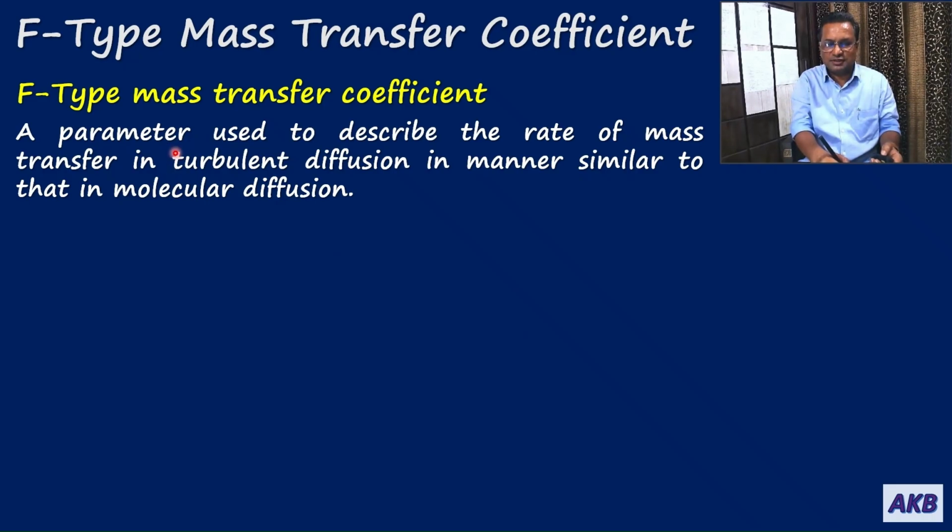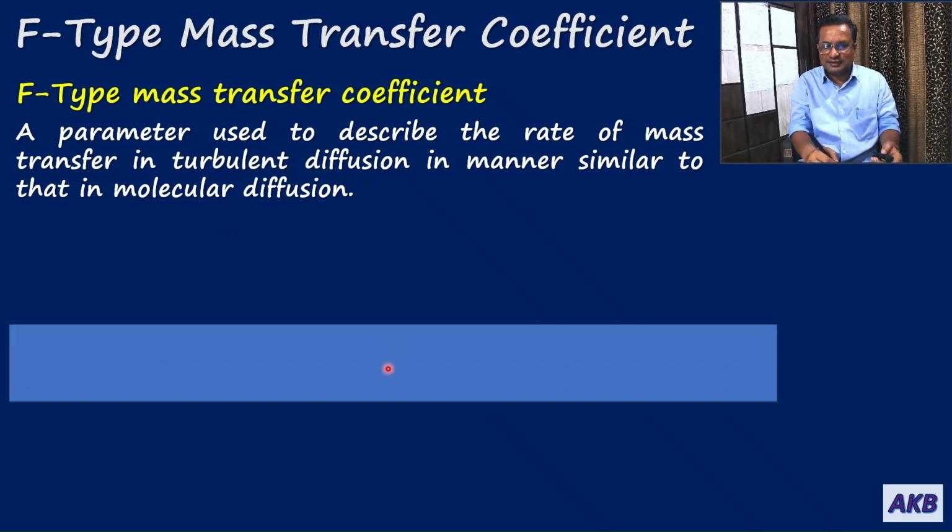The parameter replaces a group in those equations for molecular diffusion. The group that characterizes molecular diffusion is replaced by a parameter that characterizes turbulent diffusion. So that parameter is nothing but the F-type mass transfer coefficient, a parameter used to describe the rate of mass transfer in turbulent diffusion in a manner similar to that in molecular diffusion.